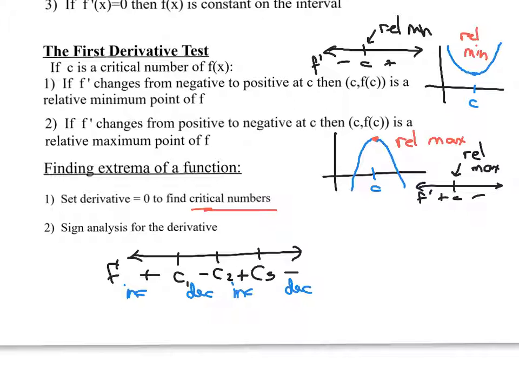If my derivative changes from positive to negative, that's going to tell me that that critical number is a relative maximum. So that also occurs right here at C3. If, however, my derivative changes from negative to positive, that critical number is going to be a relative minimum point.